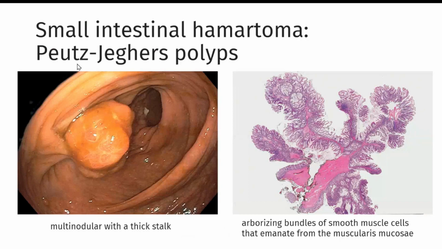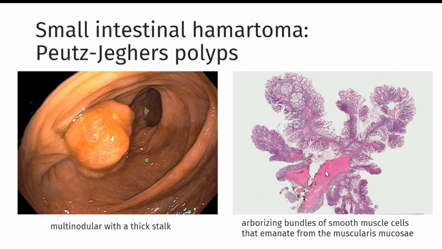In the colonoscopy, you can see these multinodular polyps with a thick stalk. Then for the microscopic features, we can see arborizing bundles of smooth muscle because these polyps fall into the hamartoma category. So we will see different kinds of mesenchymal components in a hamartoma.